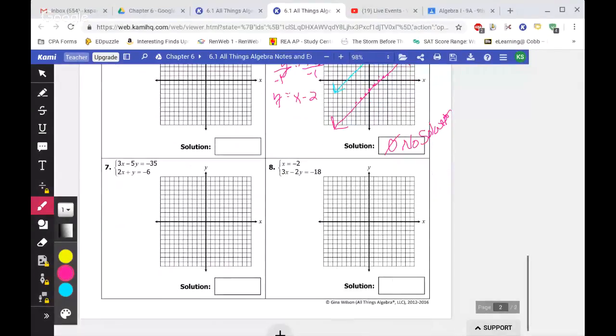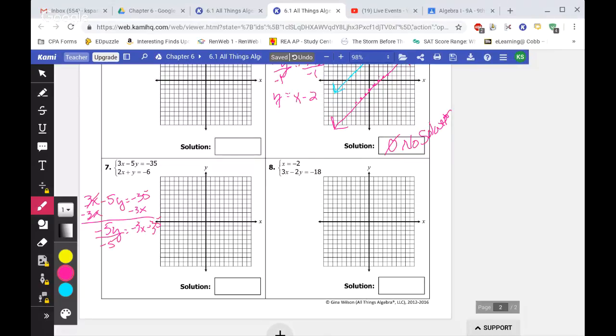All right, number 7. You've got to get both of those in slope-intercept form. So let's see if Miss Sparks can write small enough. I'm going to take this first one down here. Subtract 3x from both sides. That gives me negative 5y equals negative 3x minus 35.